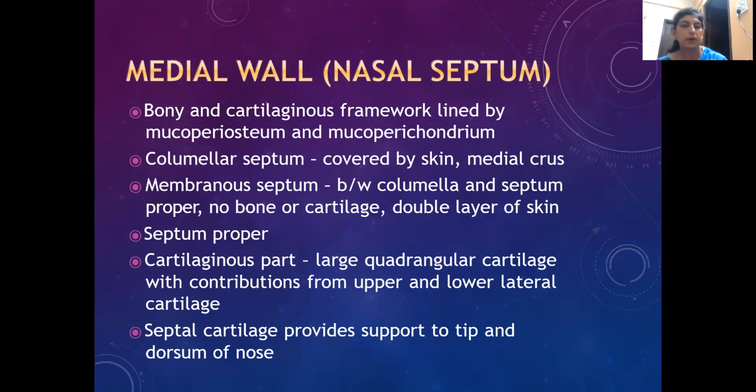The cartilaginous part is formed by the large septal cartilage or quadrangular cartilage, with contributions from upper and lower lateral cartilages as well. This quadrangular cartilage provides support to the tip and dorsum of the nose.